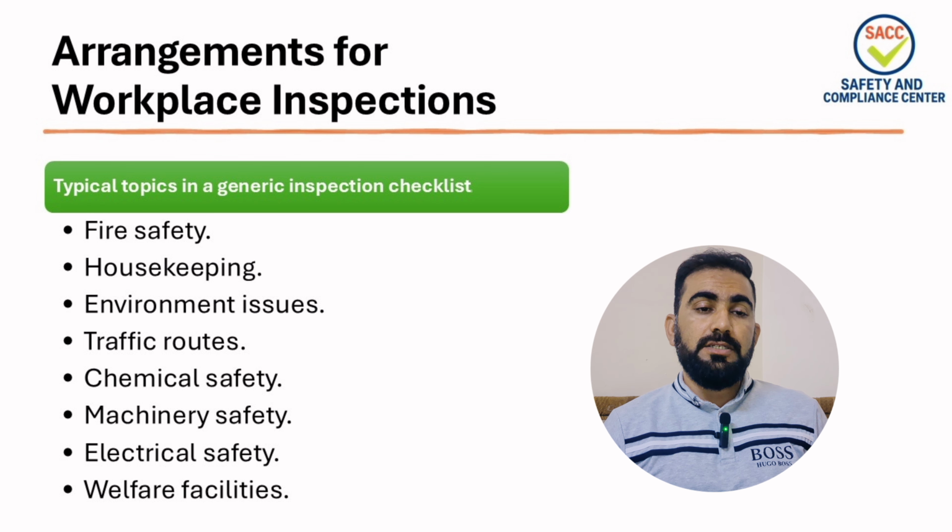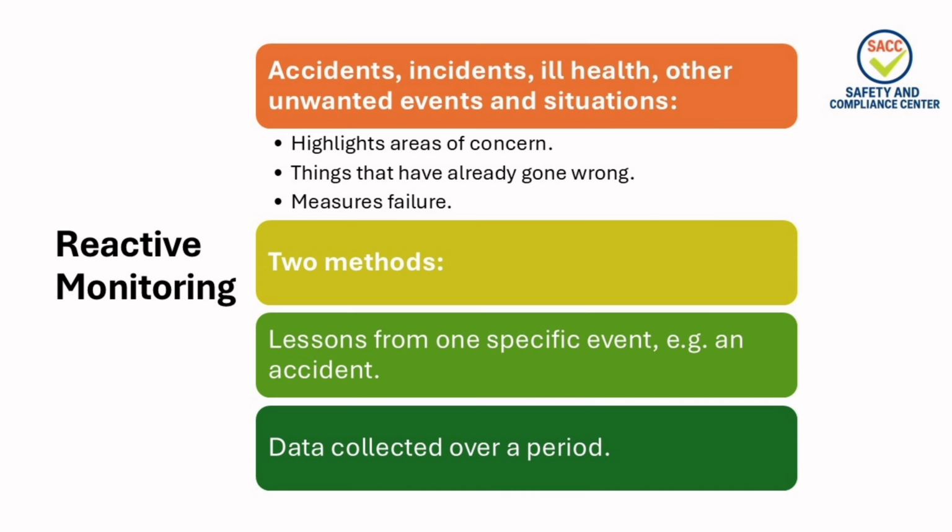It also checks traffic routes to ensure safe movement around the site, chemical safety for handling hazardous substances and machinery, and electrical safety to prevent accidents with equipment. Finally, it looks at welfare facilities, to ensure that the rest areas and other welfare facilities are clean, lit and ventilated.